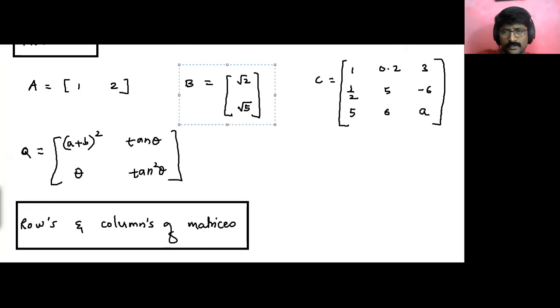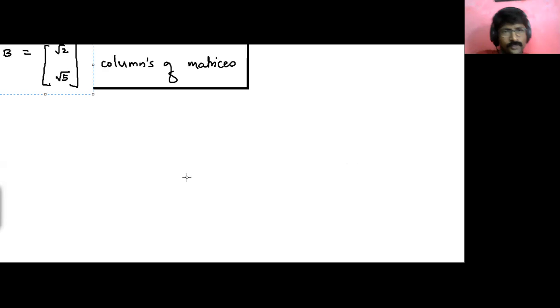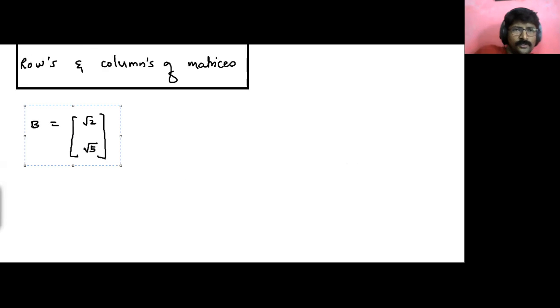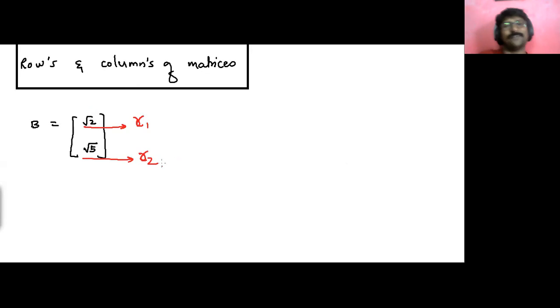So how many columns are there in this case? Look at this. This is row 1 and row 2, not column 1 and column 2. This is row 1 and this is row 2.